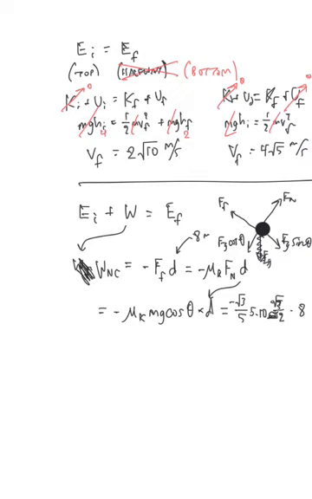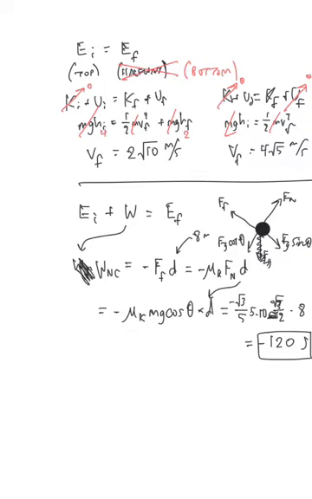And all this stuff should simplify down pretty nicely to get a final answer of negative 120 joules. And again, it's negative because friction points in the opposite direction of the displacement of the box. So it should be negative, because when we add that negative number onto the initial energy, it's going to reduce it, so the final energy of the box is not as much. Remember, all that energy that was lost due to friction went into making the ramp slightly warmer. That was converted into thermal energy.